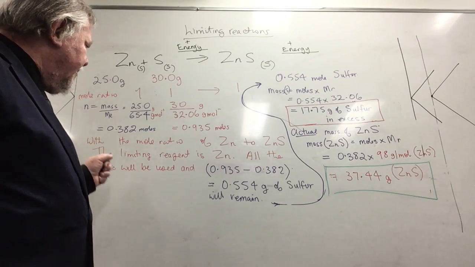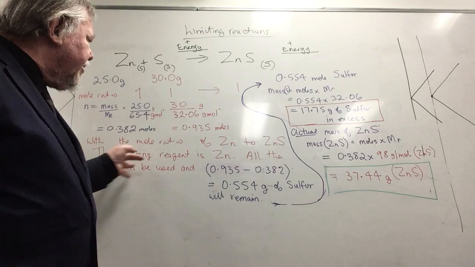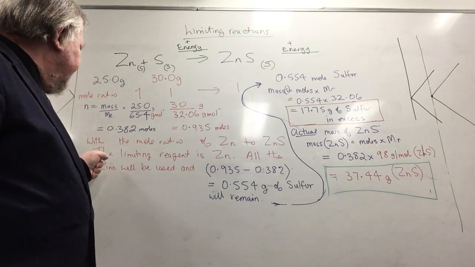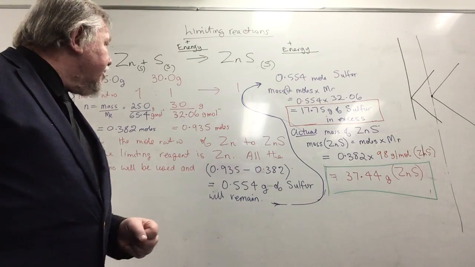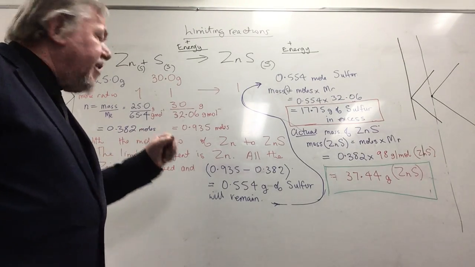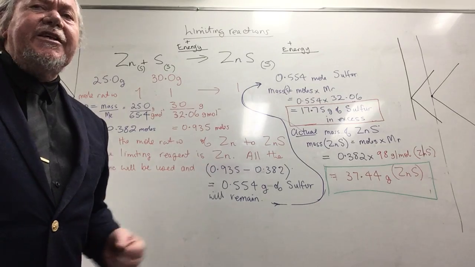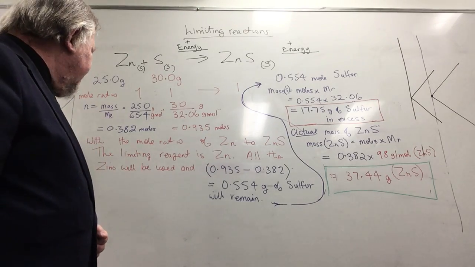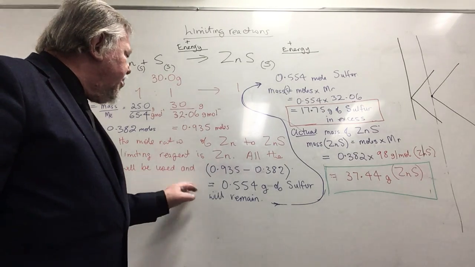So the limiting reagent is obviously zinc, not enough zinc, and all the zinc will be used up.